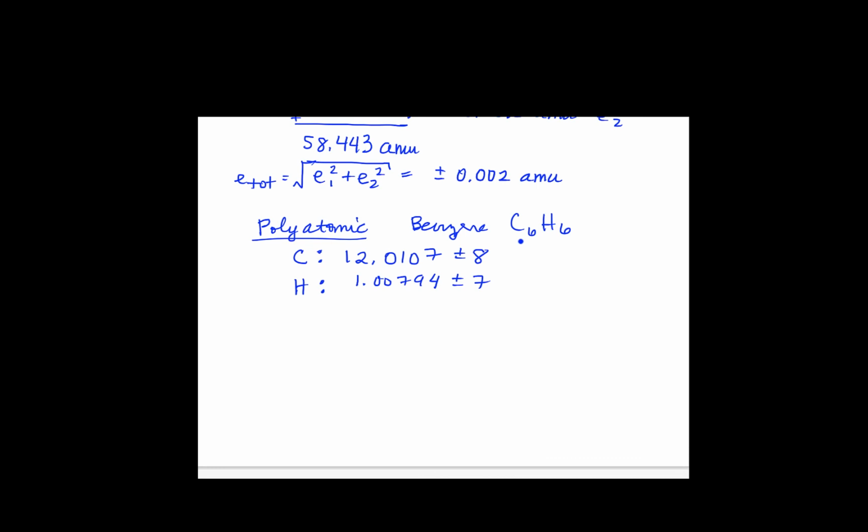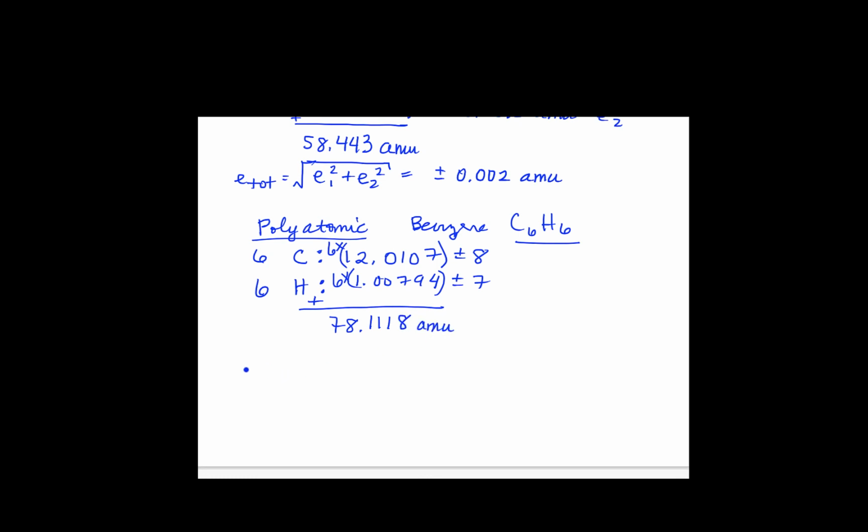When we calculate the molecular weight, we know that we have 6 carbons and 6 hydrogens. And we are used to having to multiply by 6 for the atomic masses. So if we do that, we would add them up and get 78.1118 atomic mass units.